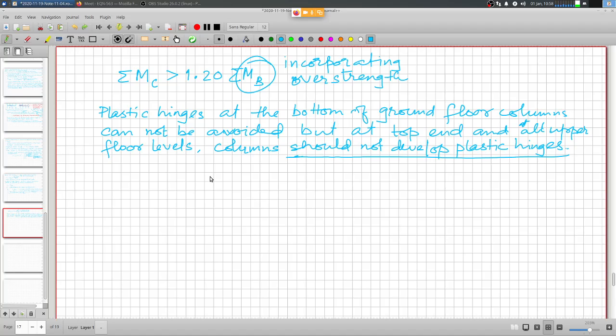But again, we need to adhere to and provide 45-degree bent shear reinforcement to avoid sliding shear.